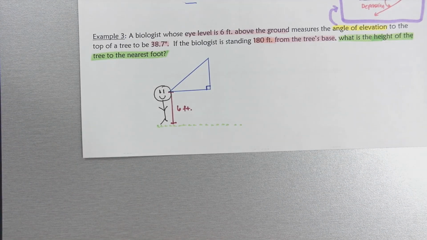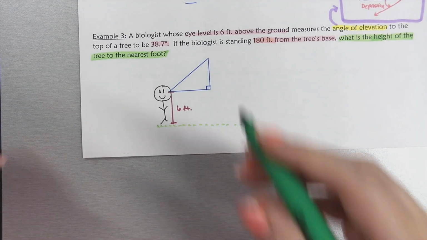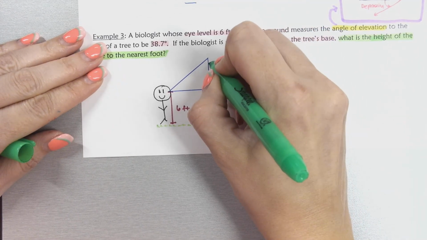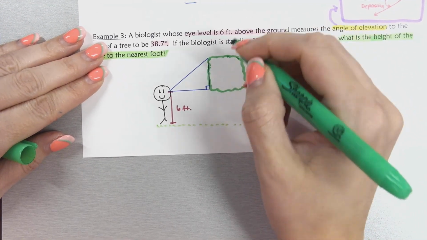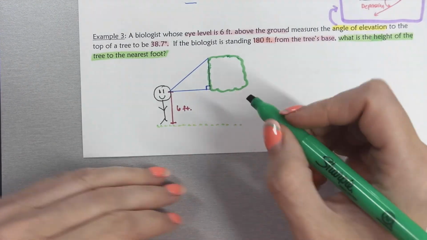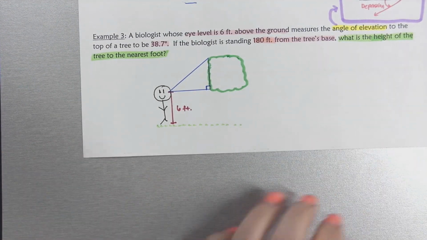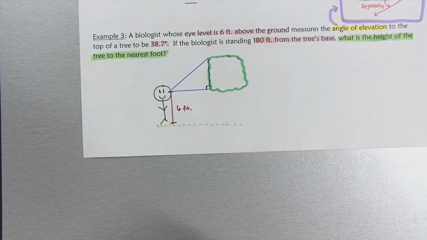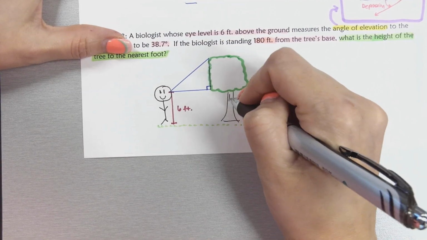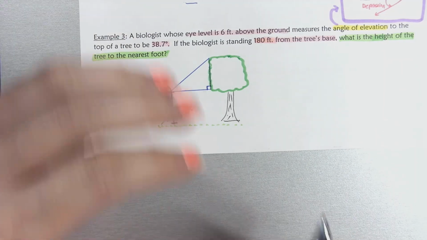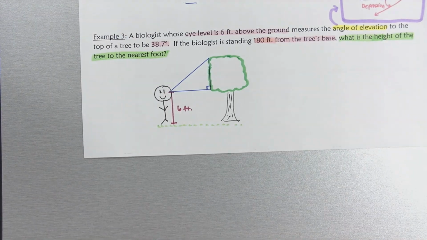So let's put our tree in here. The top of it. Put our tree. All right, so beautiful. And then what we are trying to find is the height of the tree.